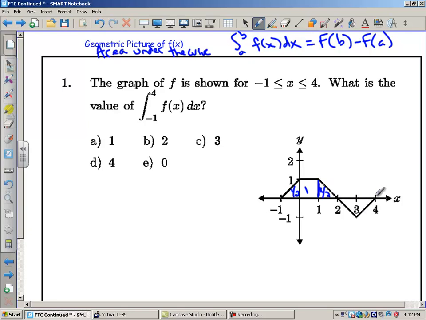This is a big triangle that has a base of 2 and a height of 1. Base times height is 2, divided by 2 is 1. However, I'm going to have to count this as a negative 1, because it's below the x-axis. So when we add this up, we do 1/2 plus 1 plus 1/2 and then plus negative 1. That means that this answer should be A.